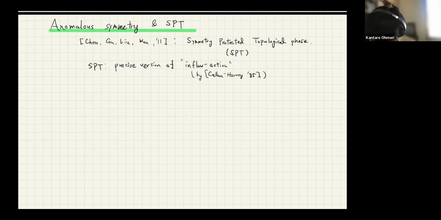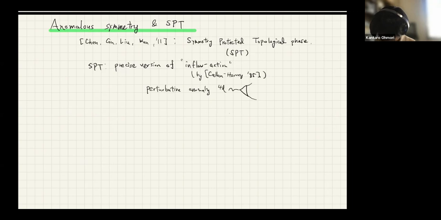Okay. So inflow action is like for perturbative anomalies. So the perturbative anomaly, like the triangle anomaly, then there's say a 4D system.